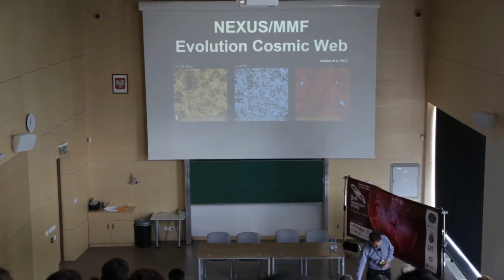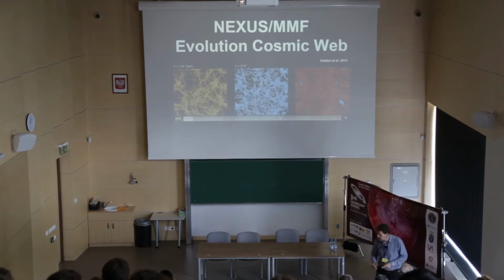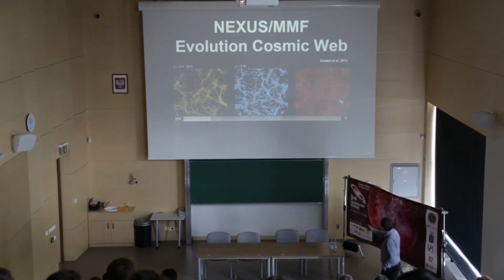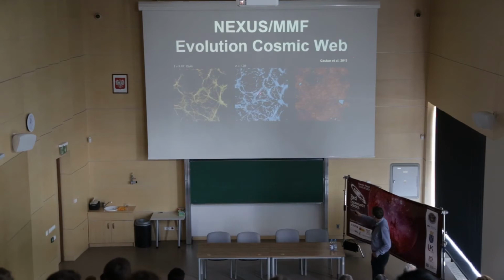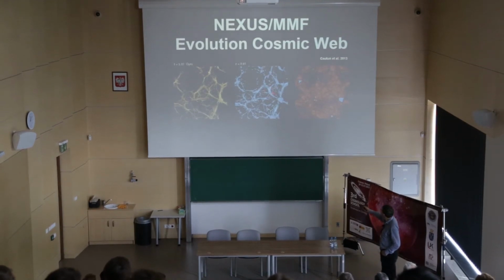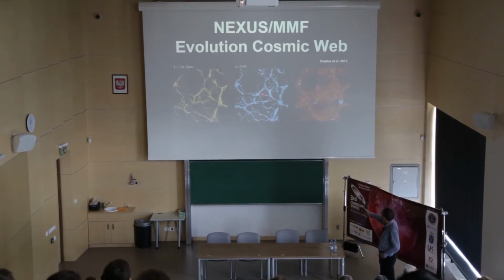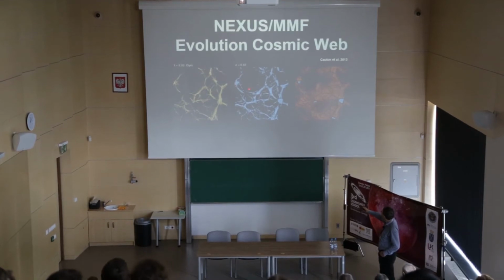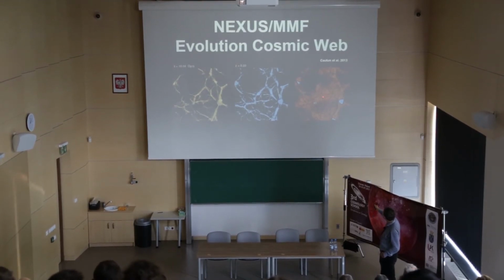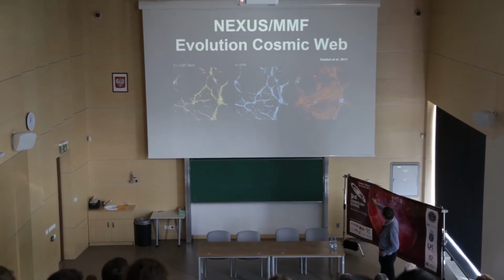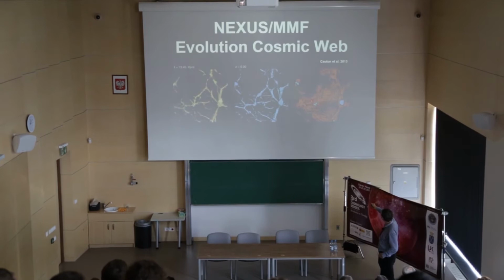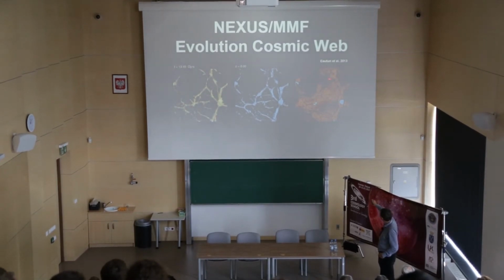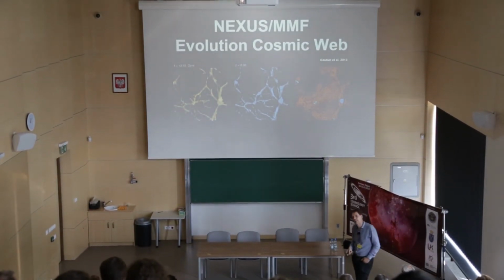So what do we see? You see that actually the filaments are themselves moving and building up larger and larger filaments because of this anisotropic force field. And the same thing you see with the walls, and you see here a large void expanding, and you see here the large flattened objects that we see in the matter distribution.